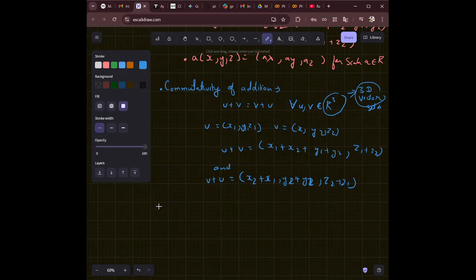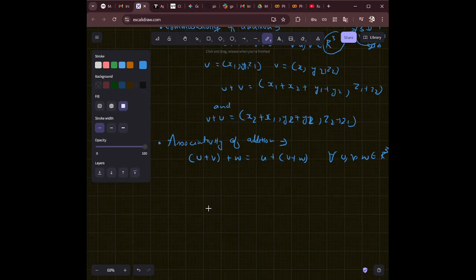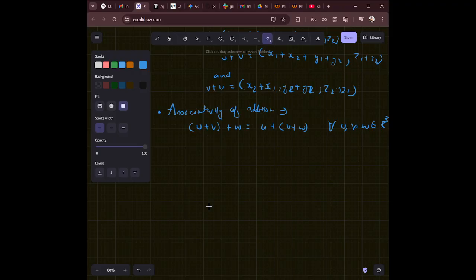So what was associativity of addition? It said u plus v plus w equals u plus v plus w regrouped, for all u, v, w elements belonging to the 3D vector space.